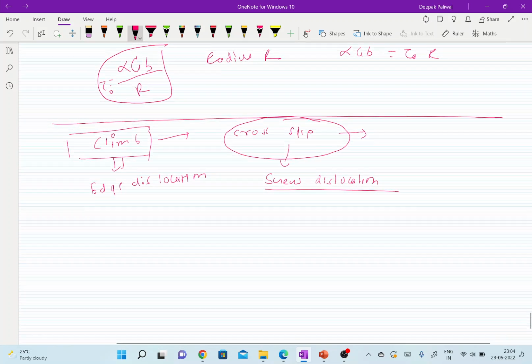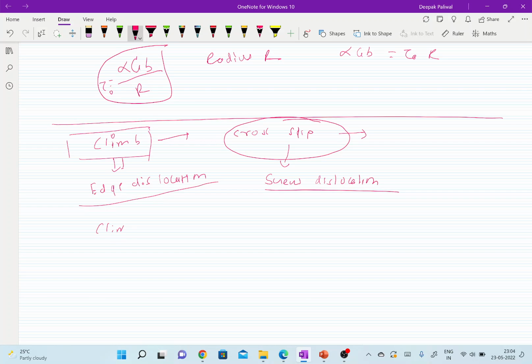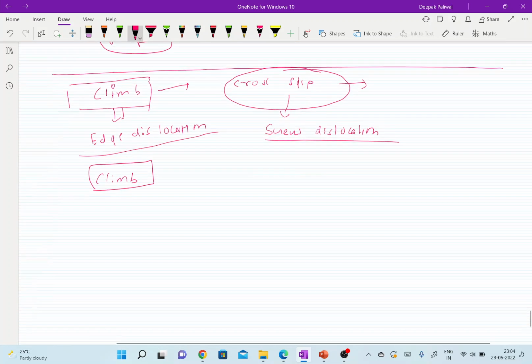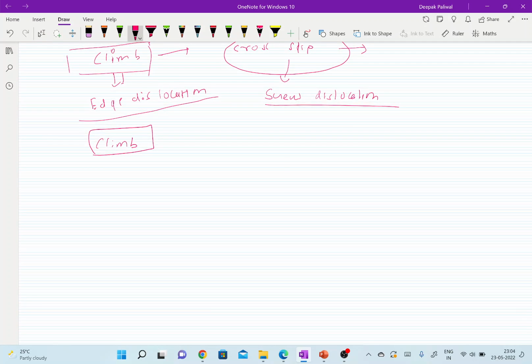Let us see what climb is. Suppose this is your dislocation. This is your crystallographic planes, which are obviously made up of atoms.